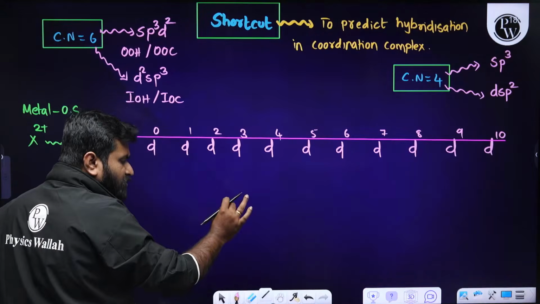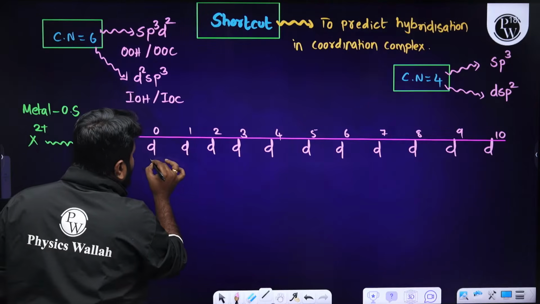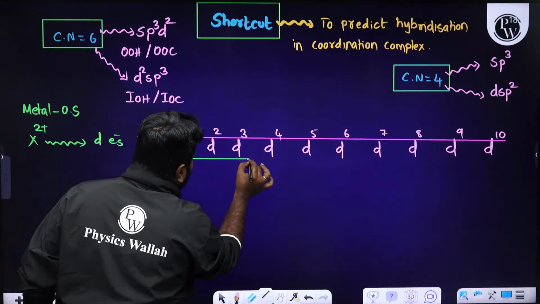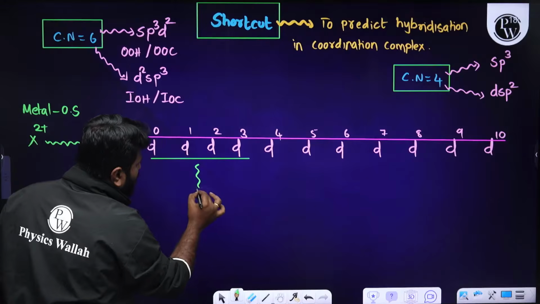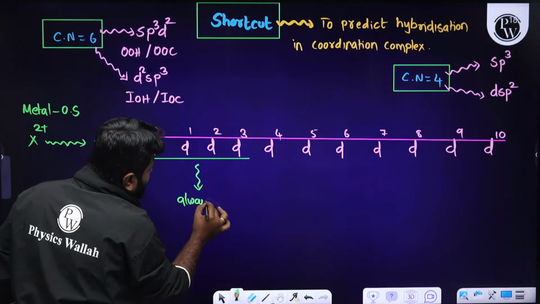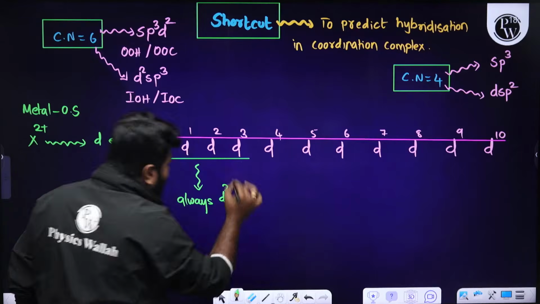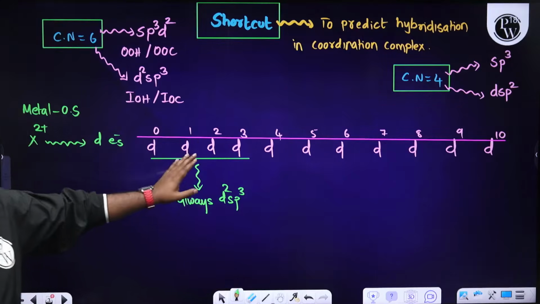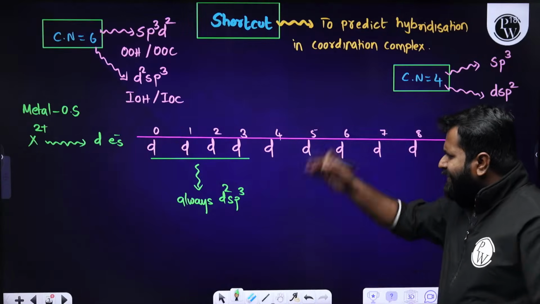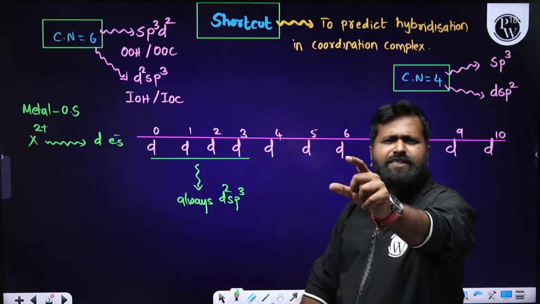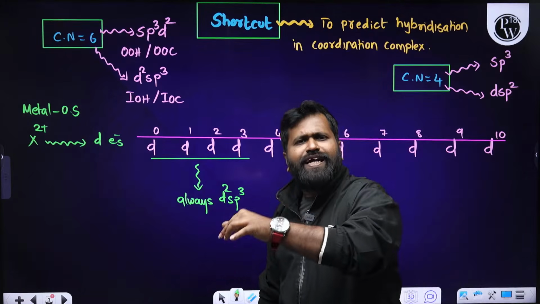In a particular oxidation state, if the central metal atom has electrons from d0 to d3, then remember, my dear students, the hybridization is always d2sp3. No exceptions, nothing. Directly, for the complex given in the question, find the oxidation state of the central metal atom and calculate the number of electrons.